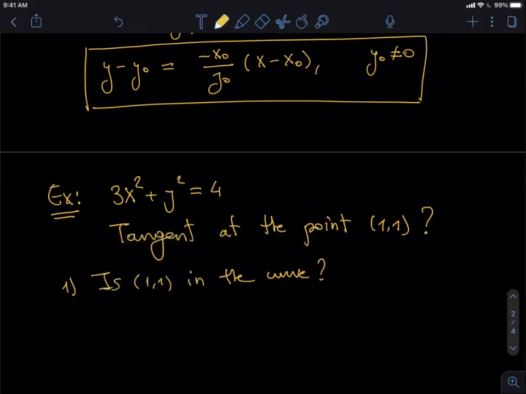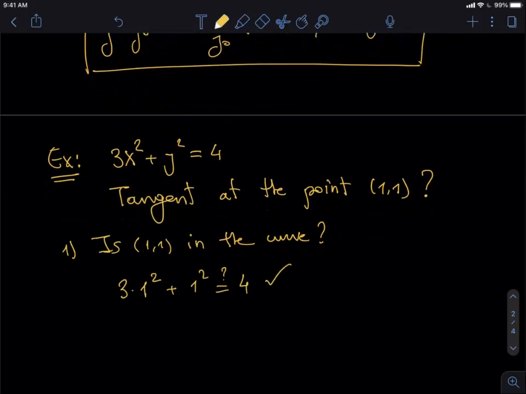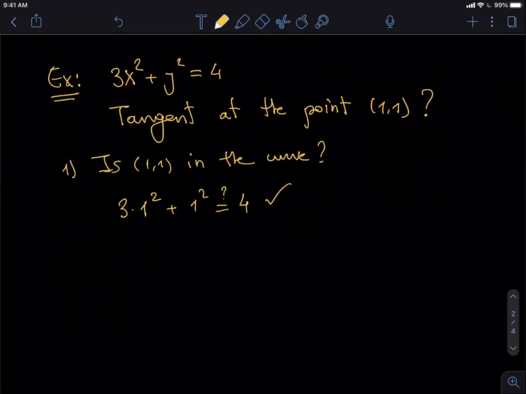So then we just need to check 3 times 1 squared plus 1 squared equals 4. It does, so it checks out, no problem. Always check this just in case the statement of the problem is incorrect. That can happen. Now, once that's checked, we need to find the slope.